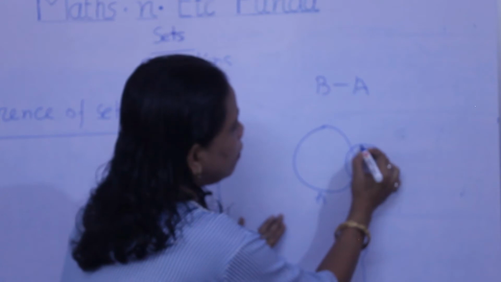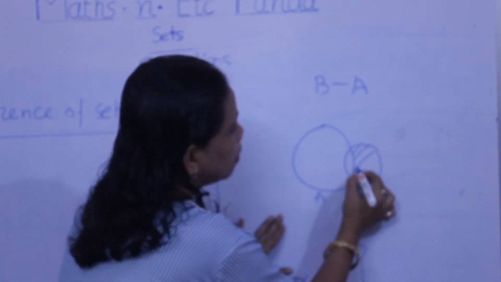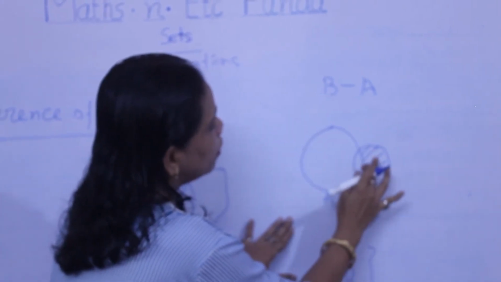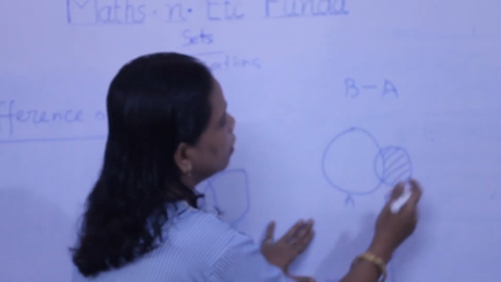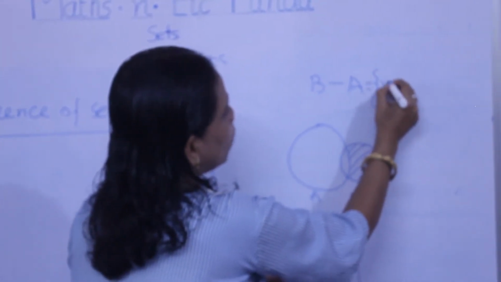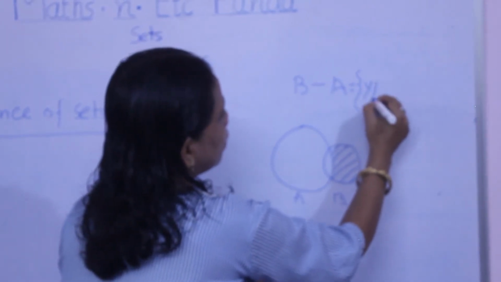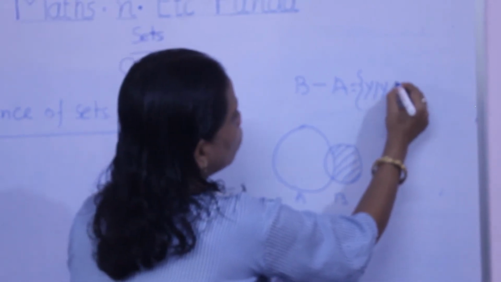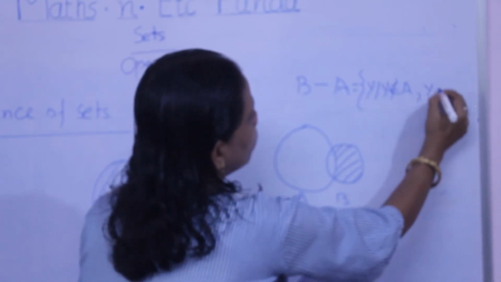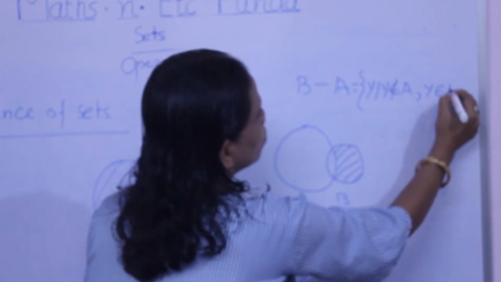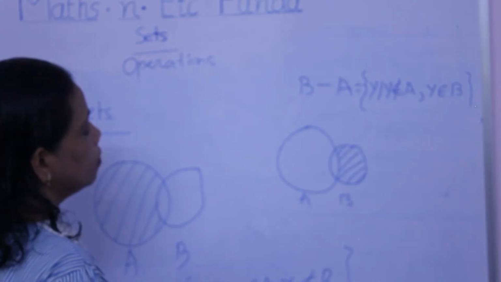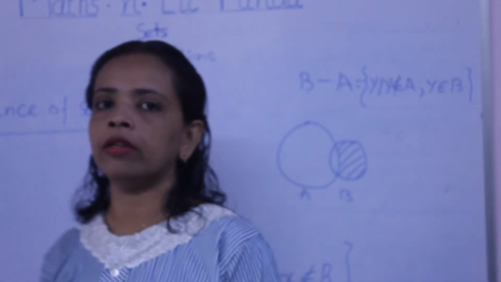So elements present in B but not in A. So this shaded part indicates B difference A. So in set notation, how do I write B minus A? So y is an element like this, y such that y does not belong to A but y belongs to B. In set notation, we'll explain like this. Understood everyone?